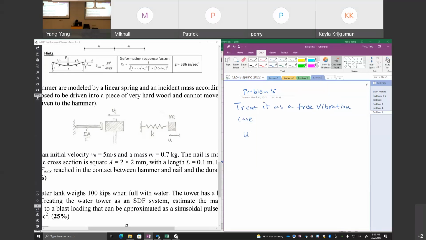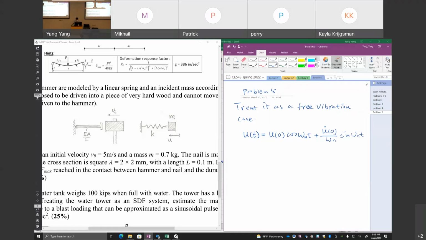The response should be equal to U0 times... So let's see the response function of the vibration system.